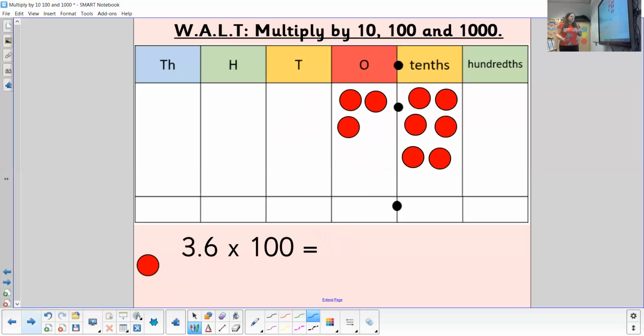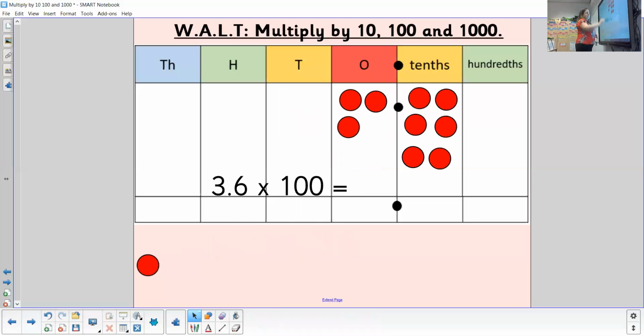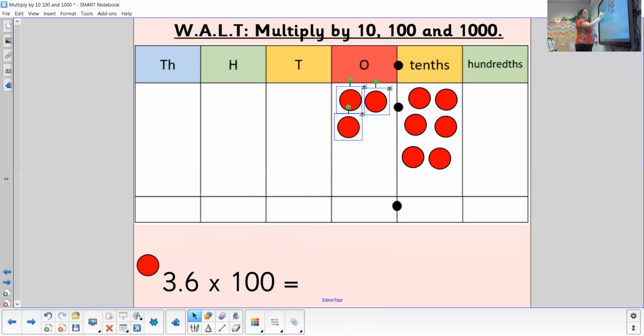Okay, go back to my 3.6. This time I'm timesing by 100. So again, I'm going to select my 3 and timesing by 100, so I'm moving 2 columns, 1 for each 0. 1, 2.